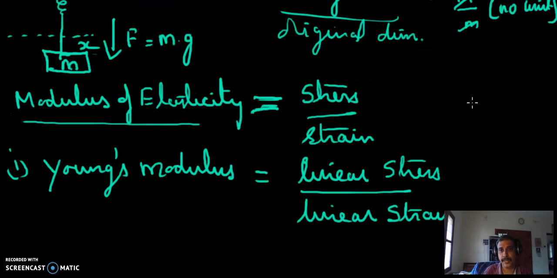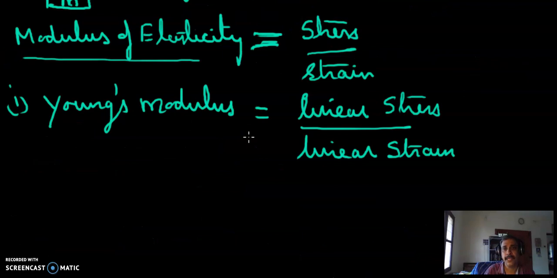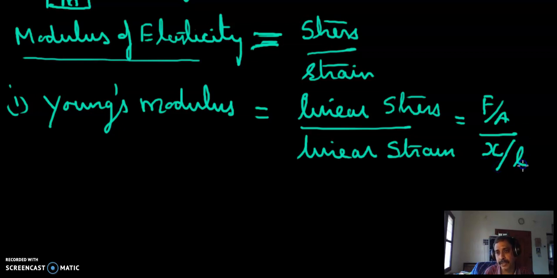We saw this in the spring case. In the spring case, the length alone increases, so the force is acting along this direction. Therefore, this is called linear stress and linear strain. So this is nothing but force per unit area divided by the change in length over the original length.